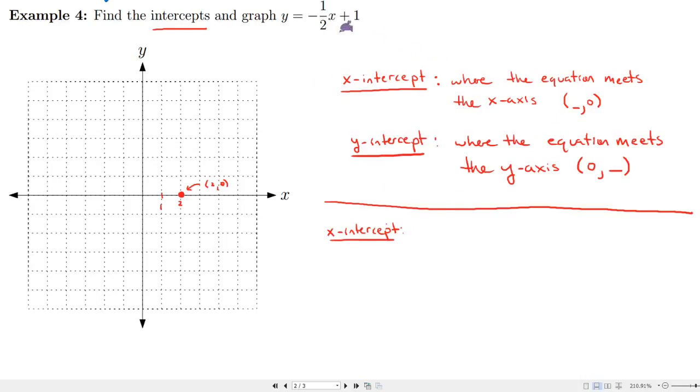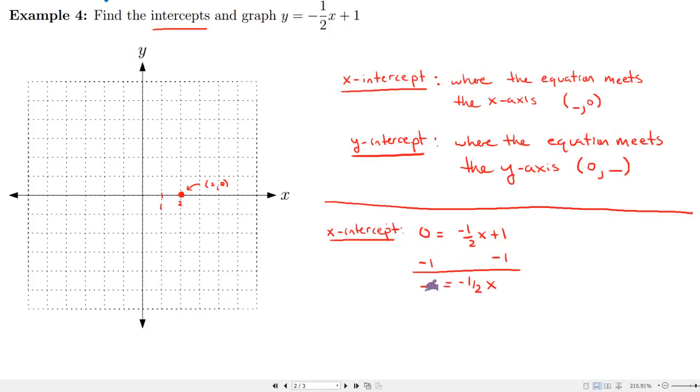So for the x-intercept, this equation up here, we're just going to set y equal to 0 and solve. And that will give us our x value, and that's where the x-intercept is. So bring the 1 over here by subtracting. All right, so subtract 1, and so we have -1 equals -1/2 x.